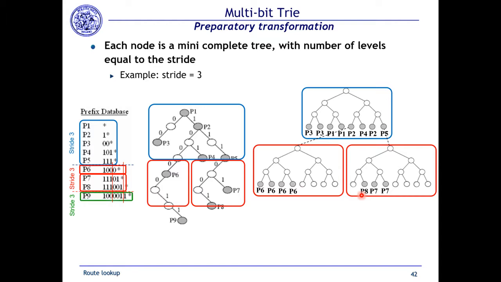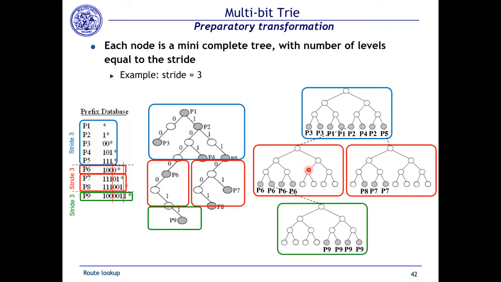Then we have another stride, P8, P9. P9 corresponds to this node, which is connected to one node of this subtrie. It contains only P9, but you still have to represent it as a complete binary trie of depth 3 according to the stride, and so P9 is pushed down in this way.